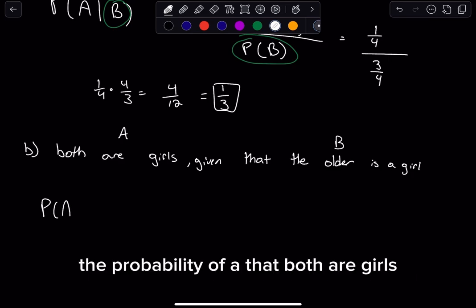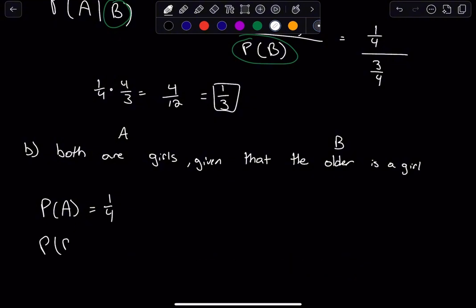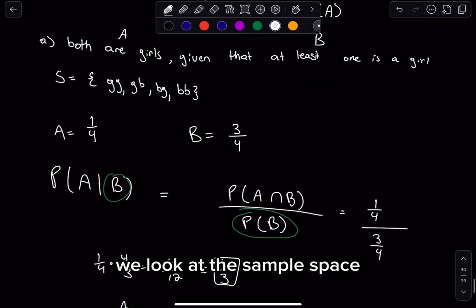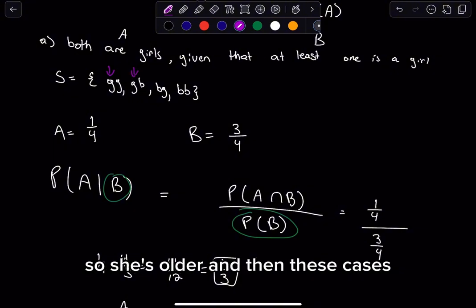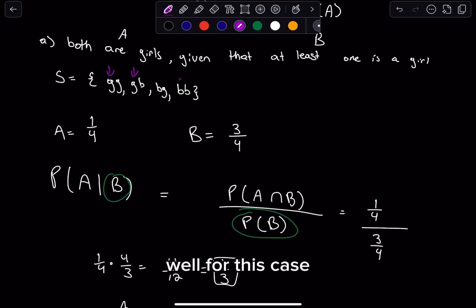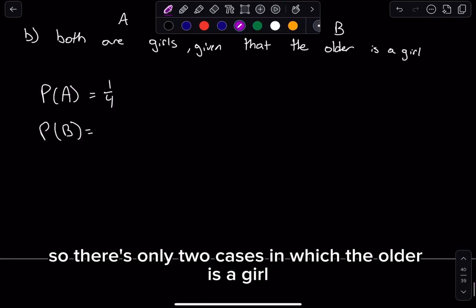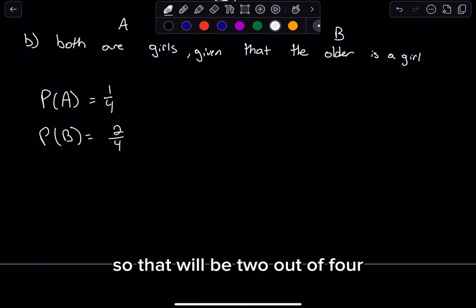The probability of A, that both are girls, similar to above, is 1 over 4. Probability of B, that the older is a girl, well, we look at the sample space. This girl was born first, so she's older. This one was born first, so she's older. And in these cases, well, for this case, both are boys, but in this case, the boy was born first. So there's only 2 cases in which the older is a girl. So that will be 2 out of 4.